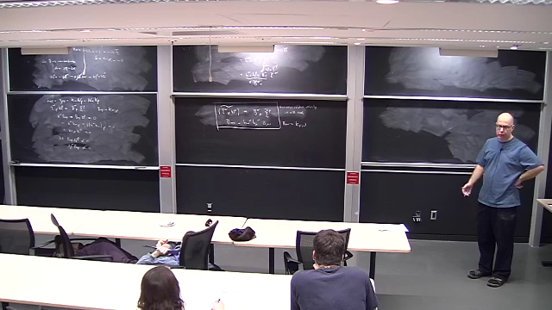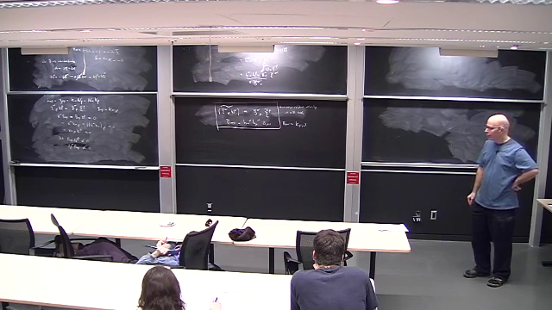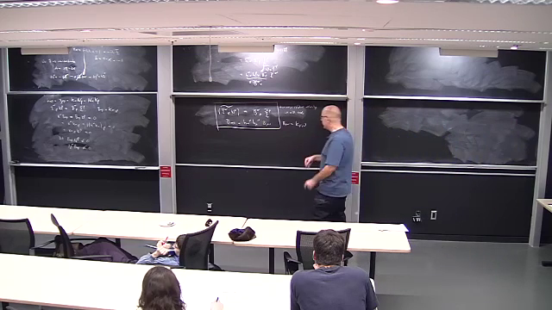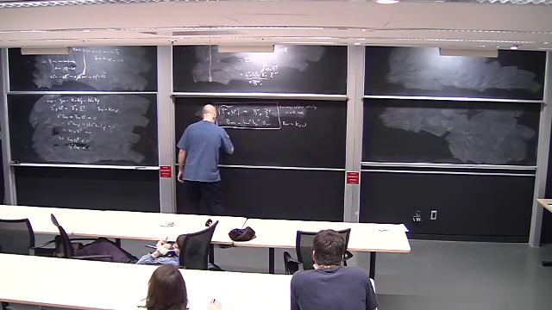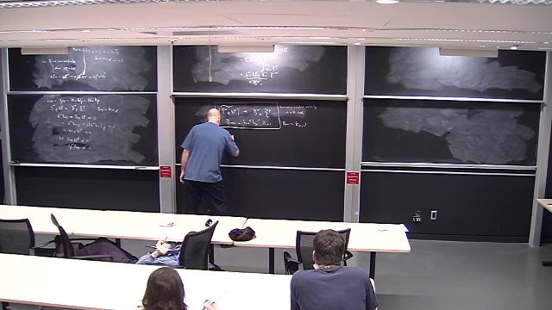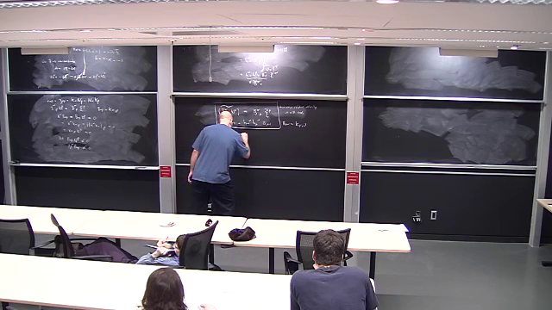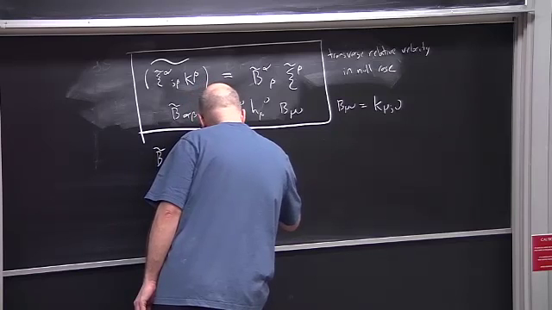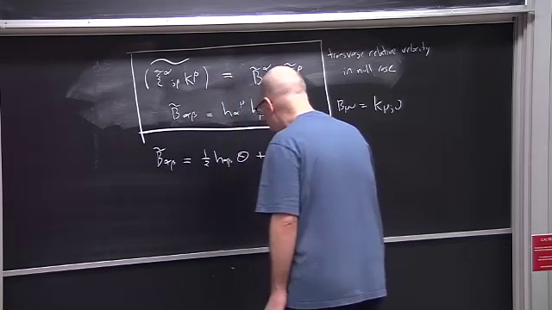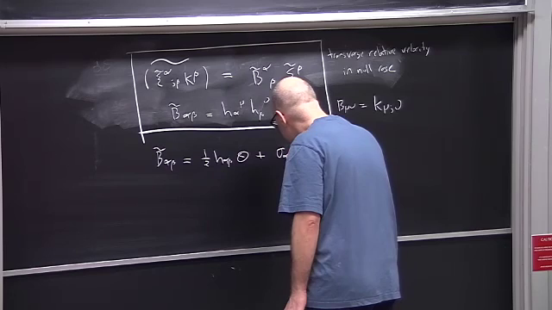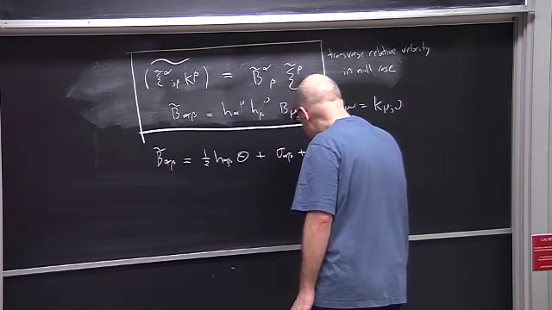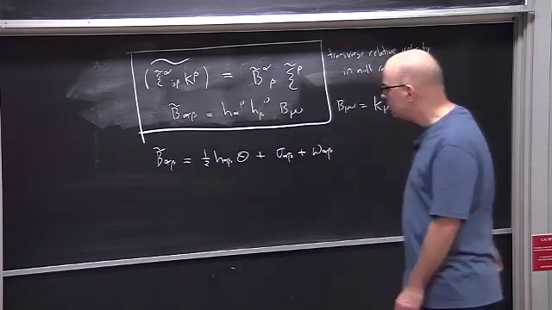So in the same way we did before, but now purely in the two-dimensional subspace, we're going to be decomposing B tilde alpha beta into a trace part, a symmetric trace-free part, and then an antisymmetric part. So that's the decomposition into irreducible parts.